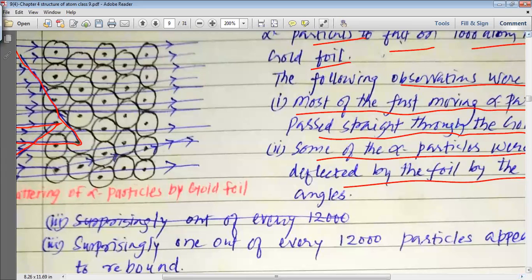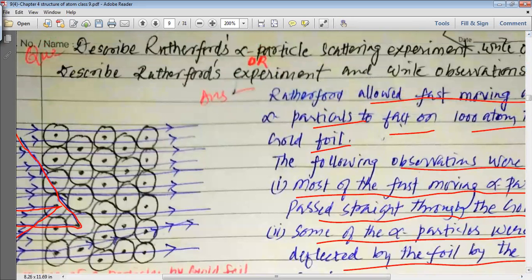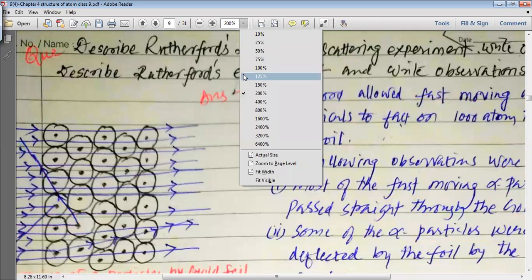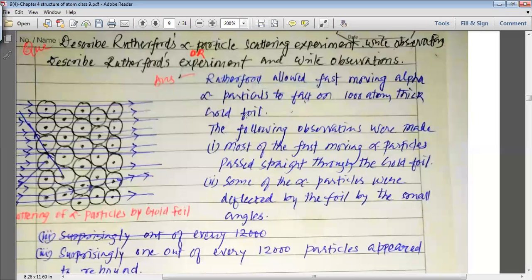Let us look at the various observations that Rutherford made. In the experiment, Rutherford allowed the fast-moving alpha particles to fall on a gold foil 1000 atoms thick. The following observations were made.